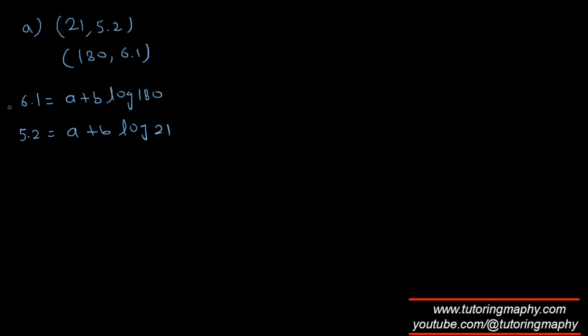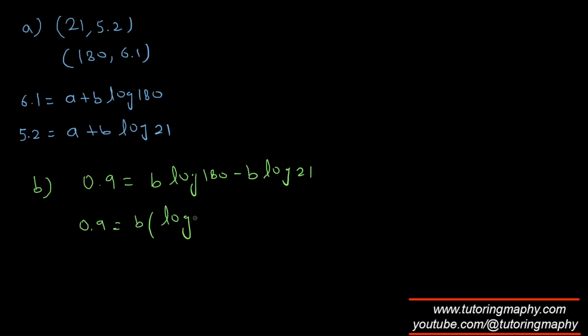In order to solve, I think I'm just going to subtract both of them because a and a is gone, just like what we did earlier. So 6.1 minus 5.2 is 0.9 is equal to b log 180 minus b log 21. So 0.9 is equal to b, parentheses taken out, log 180 minus log 21. Let's flip the equation.